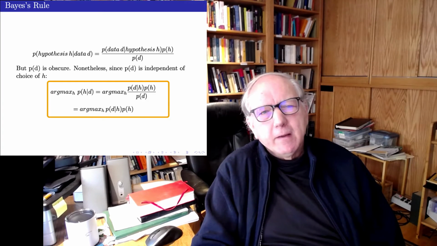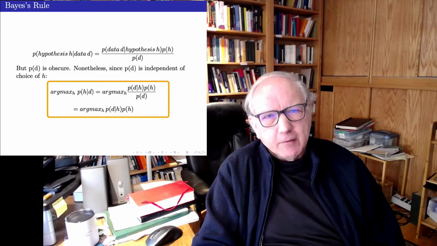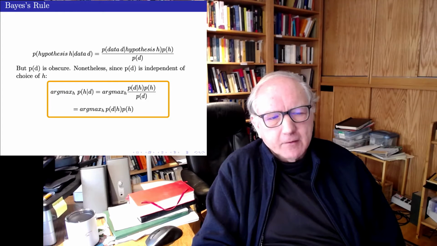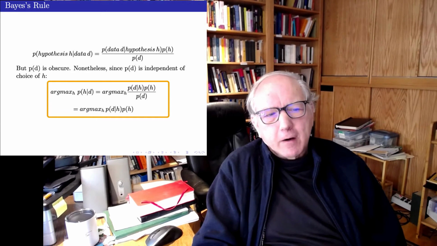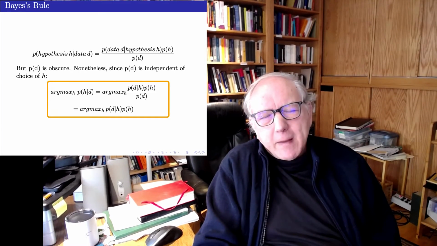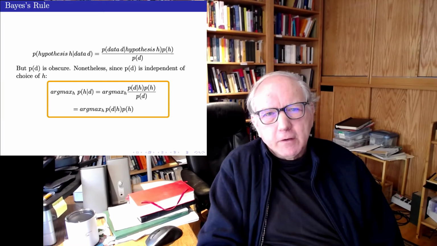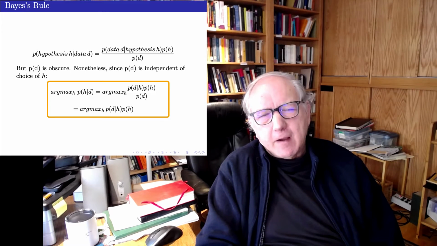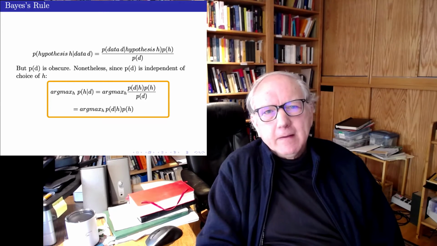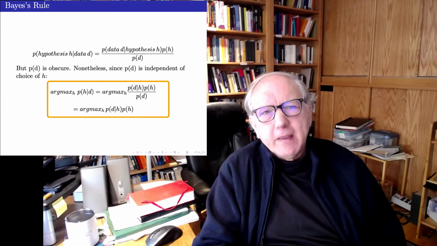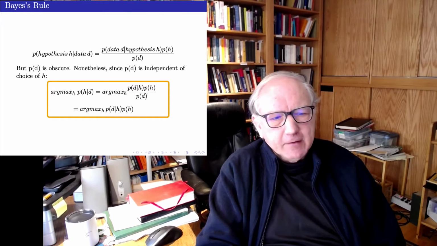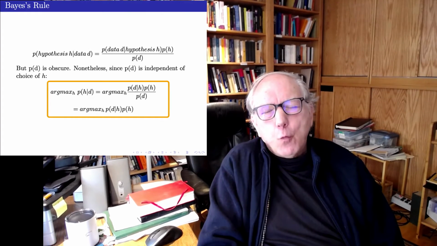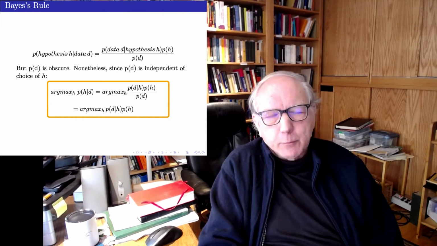Well, before I get to the equal sign, I should say what this argmax is, as we look over all the different hypotheses. Argmax is a notion that people use in machine learning all the time, and it basically says, let's consider all of the H's, possible hypotheses, and find out which of them assigns the highest probability.